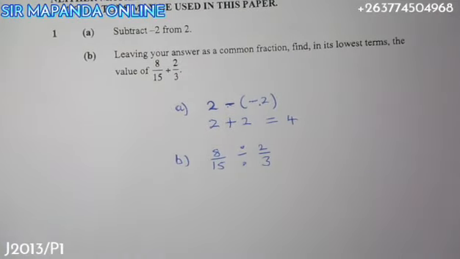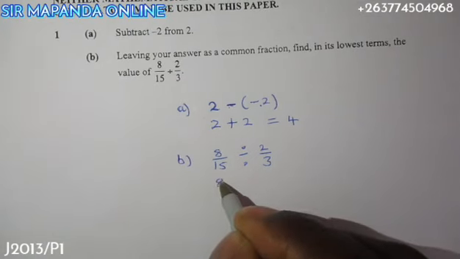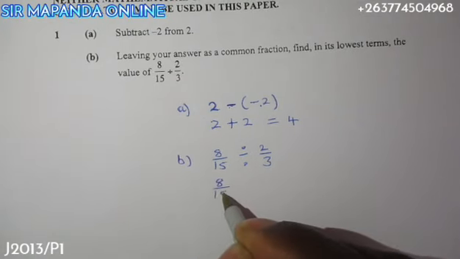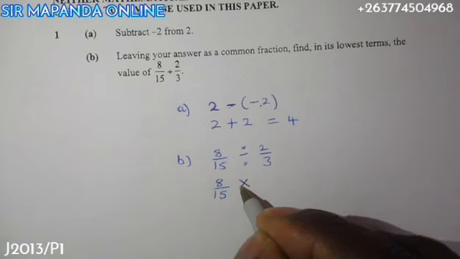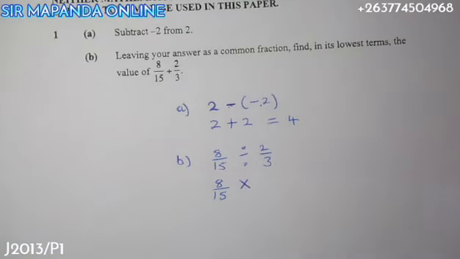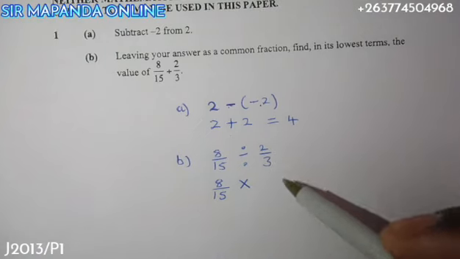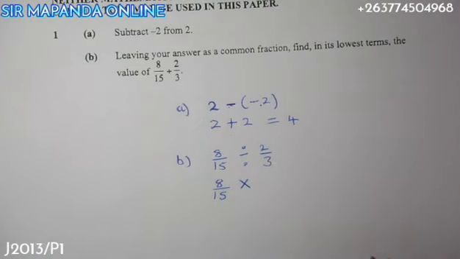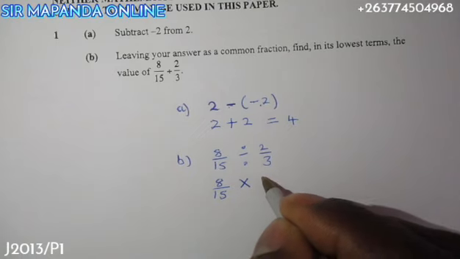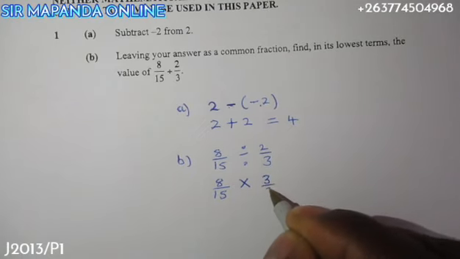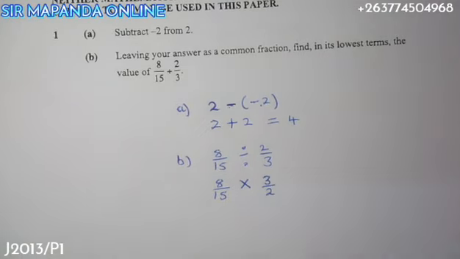When dividing fractions, you first of all convert this division sign into multiplication, and this is going to cause the fraction in front to become a reciprocal, where 2 over 3 is now written as 3 over 2.